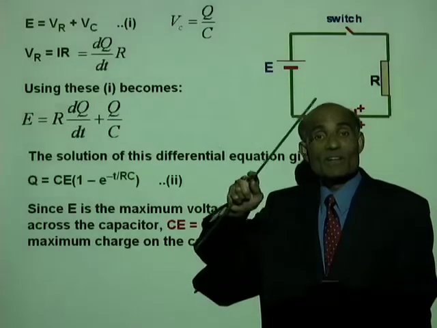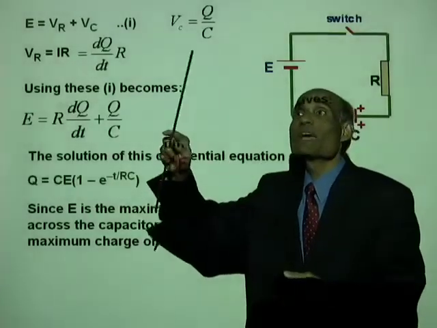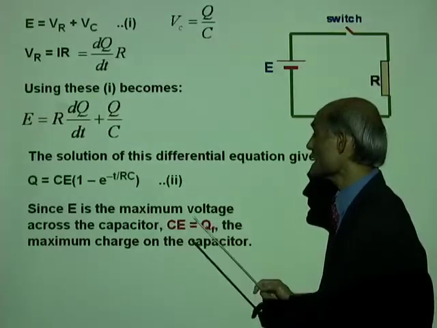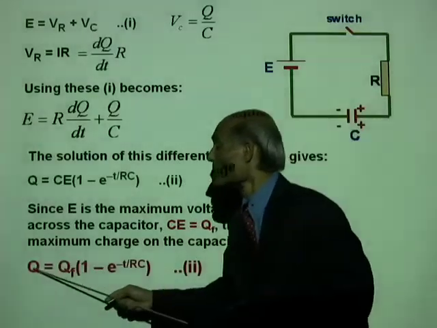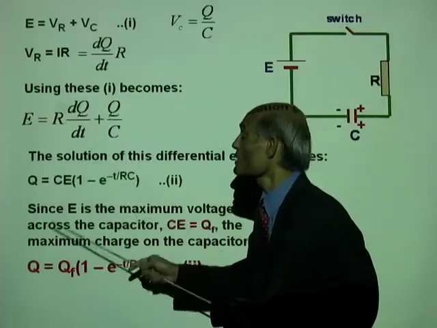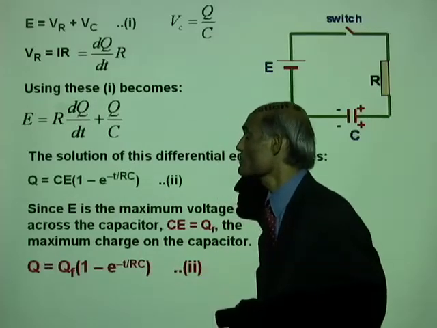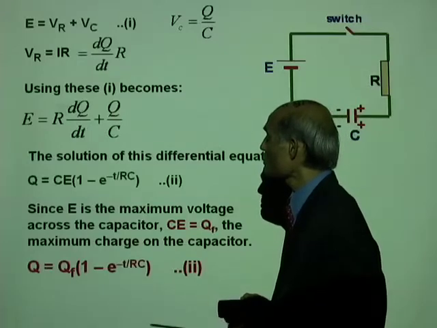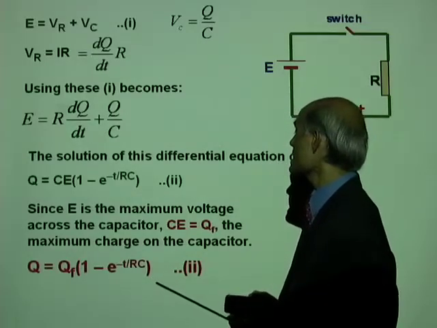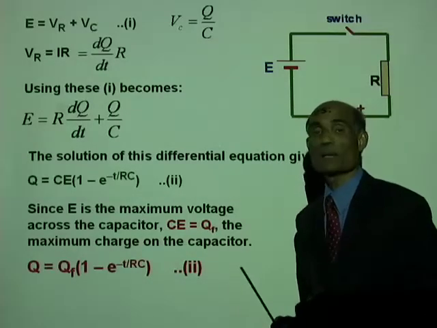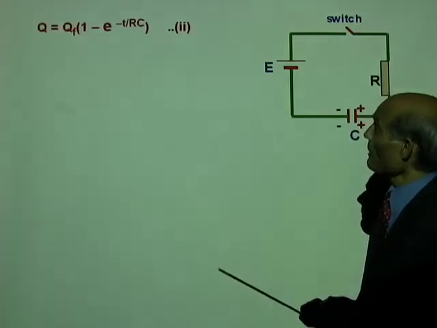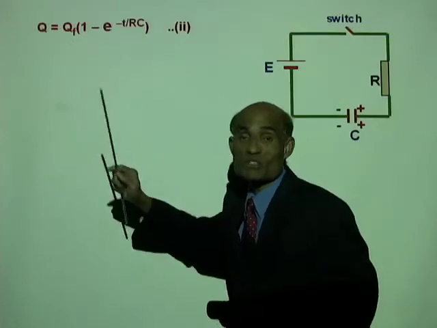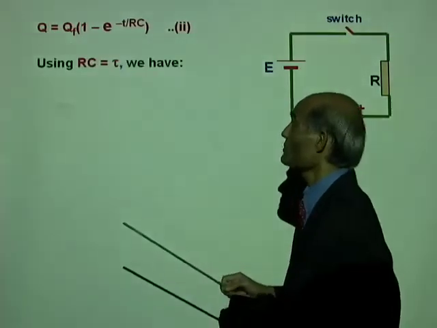QF is the amount of charge at the end of the charging cycle, the final. So CE equal to QF. Therefore, the solution of this equation is Q equal to QF times 1 minus e to the power negative t over RC. Well, that is the equation for charge as the capacitor gets charged.